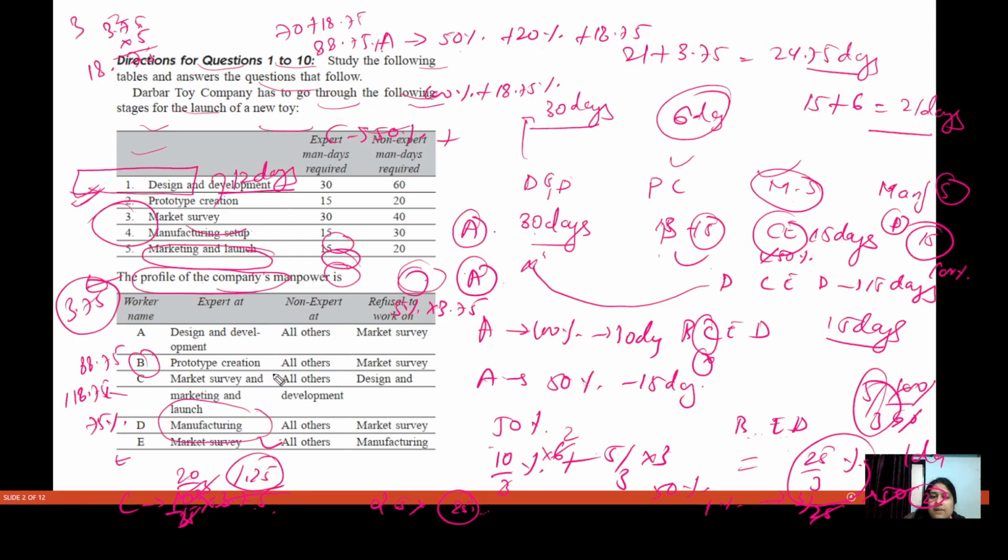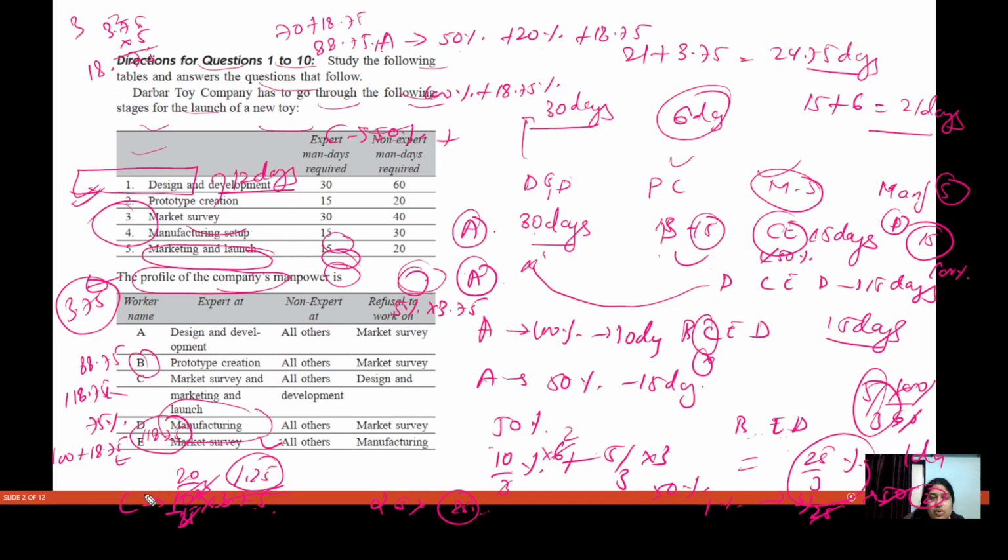So D will do 100 plus this 18.75% of the work, and that also will add here. So we'll get this as 118.75.